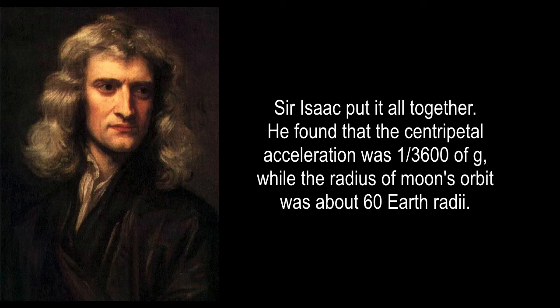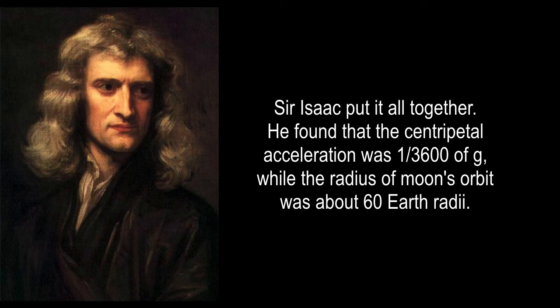And Sir Isaac Newton said, whoa, that 3,600, that's the square of 60. And the distance from the center of the earth to the apple in Sir Isaac Newton's backyard is a certain number, about 3,471 kilometers, I think is correct.